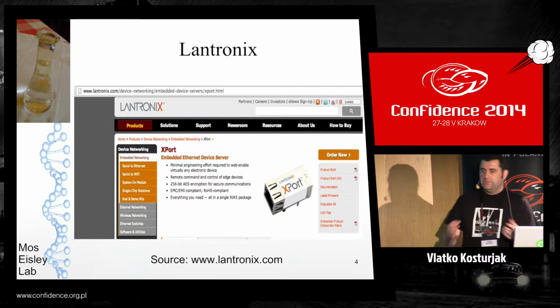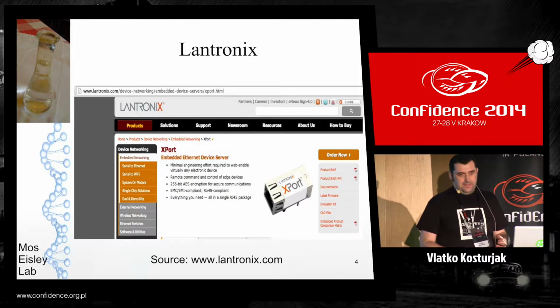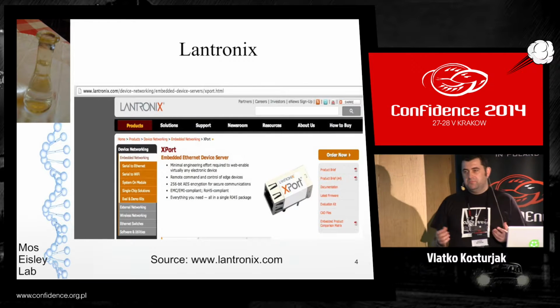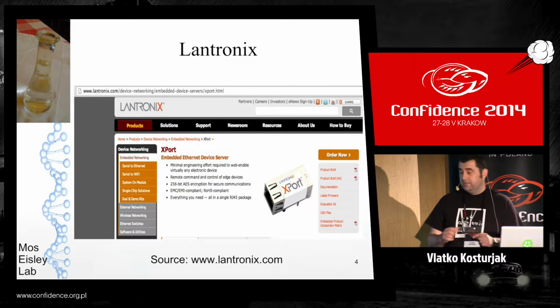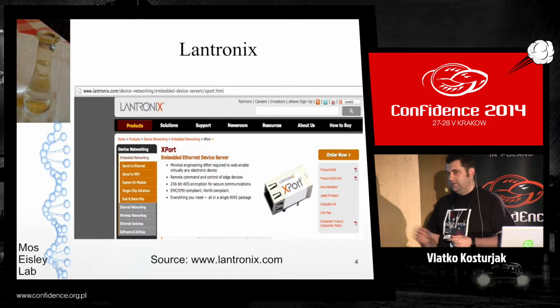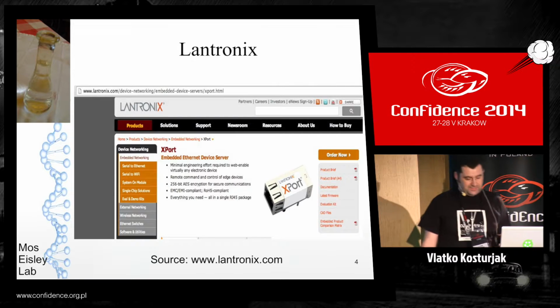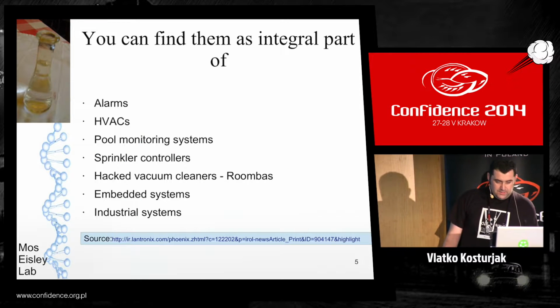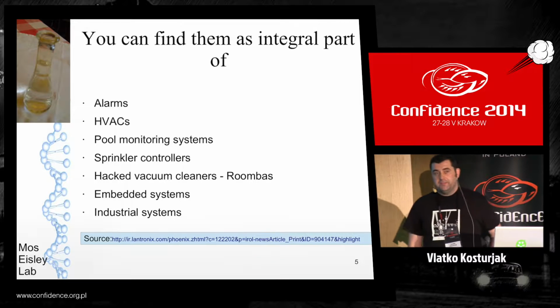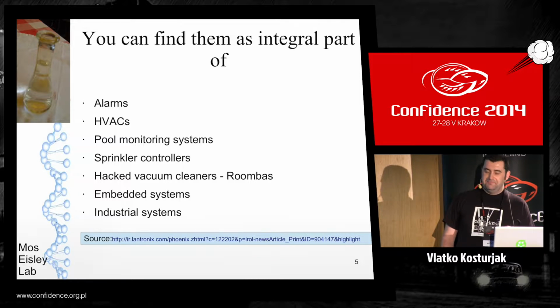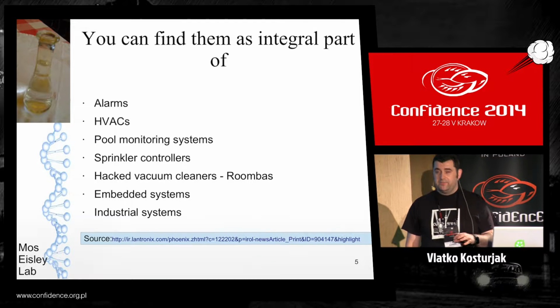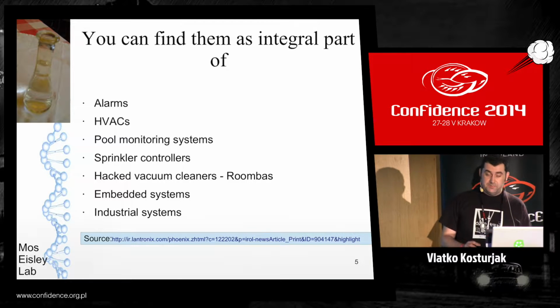If you open some of those products, if you find something like this, probably it will look like this. There are some other lookalike boxes, but usually it's like this. You can find them as an integral part of really nice devices, from the security side, for example, in alarm systems.